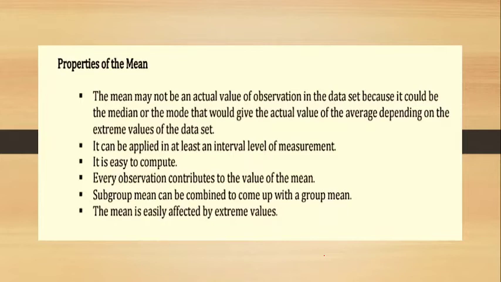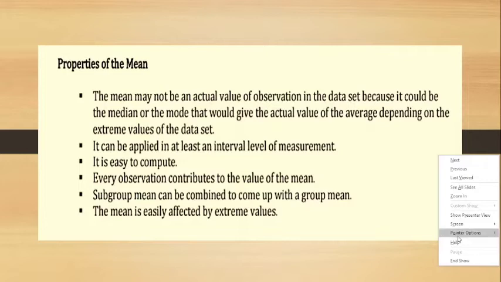It is easy to compute. Every observation contributes to the value of the mean. Subgroup means can be combined to come up with a group mean. The mean is essentially affected by extreme values.